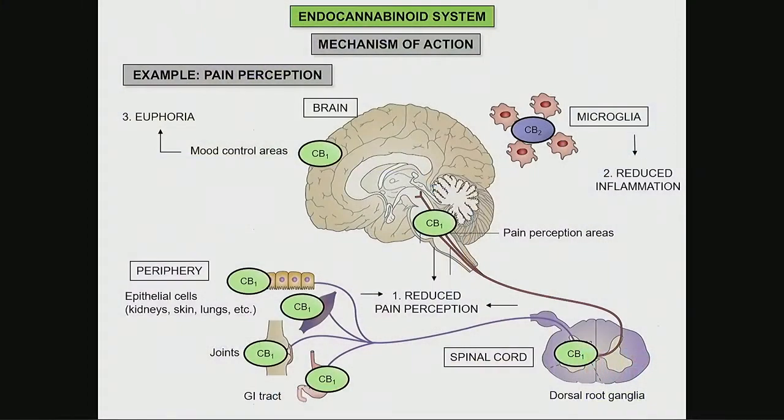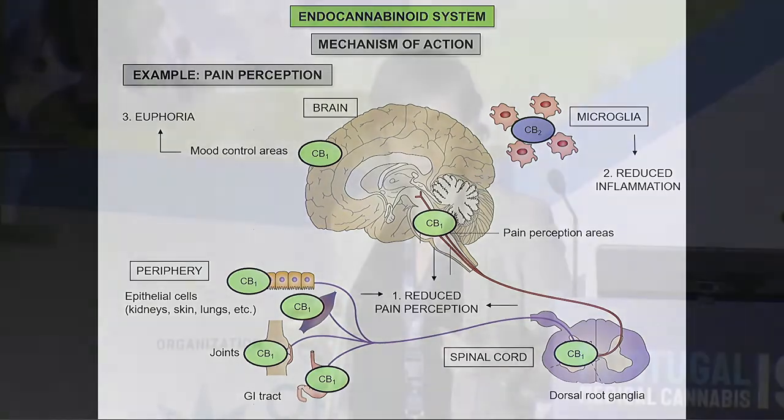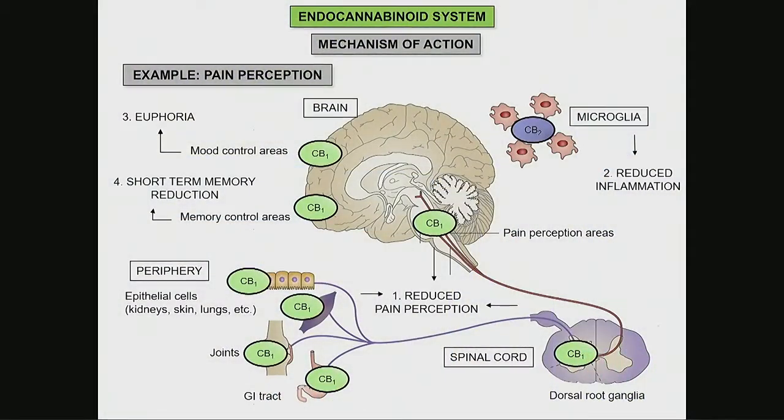But not only that, we also have CB2 receptors in the areas of the brain that control mood. And when we use cannabis, we feel a little bit of euphoria. And if we are feeling pain, feeling euphoria is great because we forget about the pain. And we also have CB2 receptors, as I mentioned before, in the parts of the brain that control short-term memory.